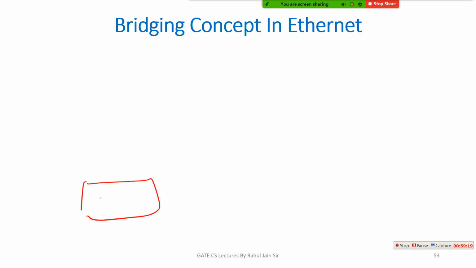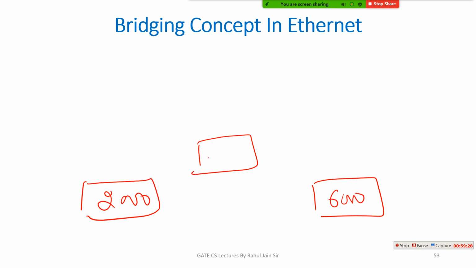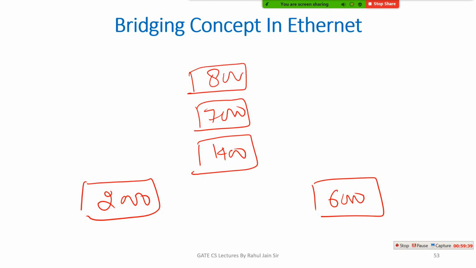A bridge is here, bridge ID is 2000, one more bridge is here, bridge ID is 6000, one more bridge is here, bridge ID is 1400, one more bridge is here, bridge ID is 7000, and one more bridge is here, bridge ID is 8000. Suppose they are connected like that.